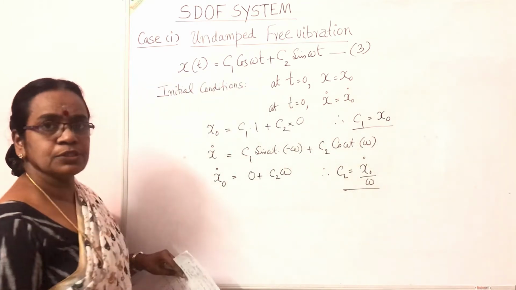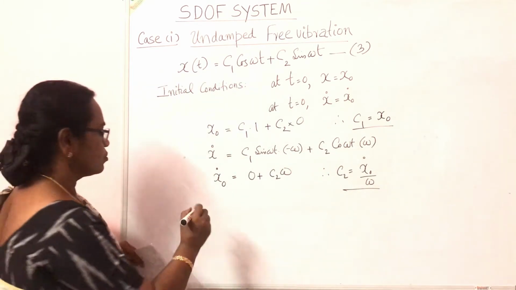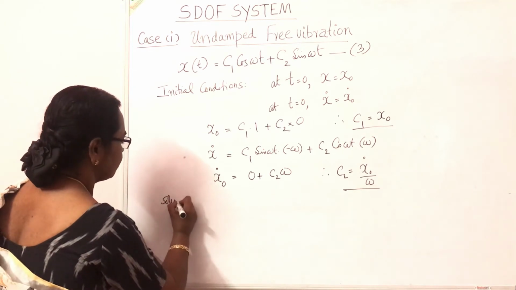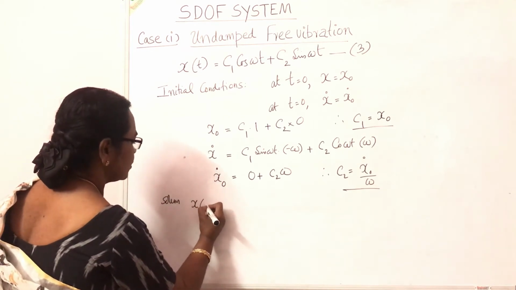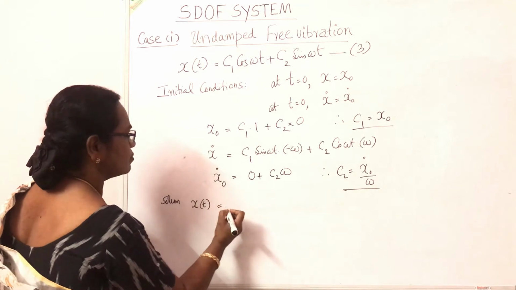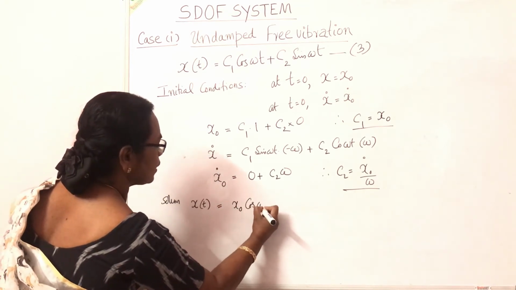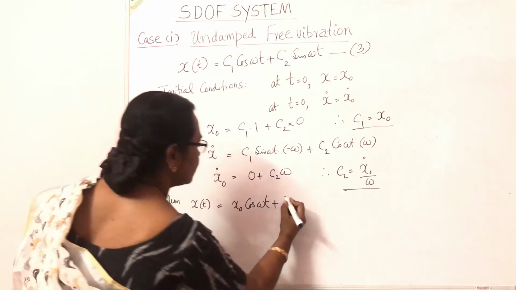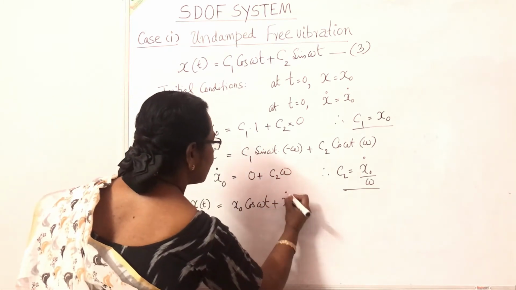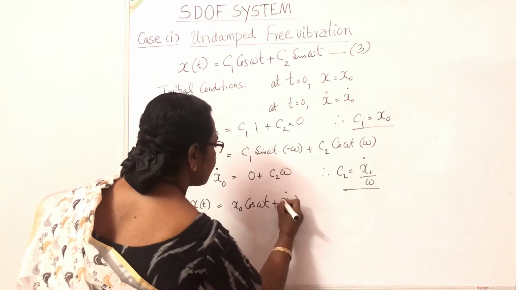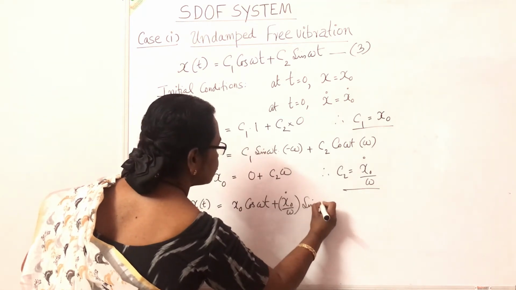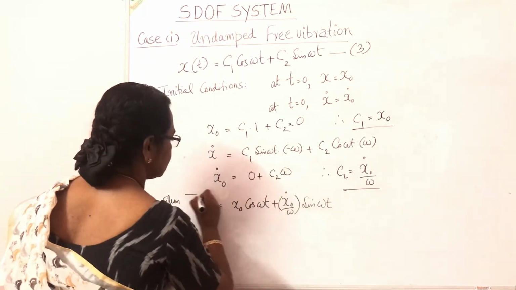So now we have both the constants of integration, and we can write the solution. The final solution is x, the displacement at any time, x is equal to x0 cos omega t plus x0 dot by omega sin omega t.